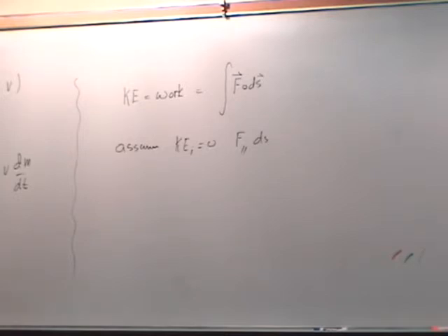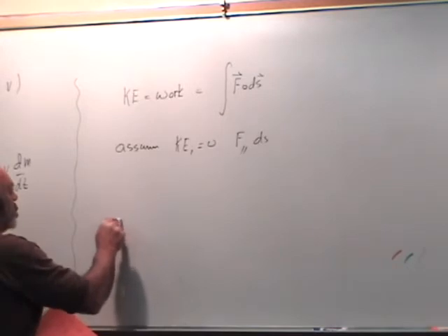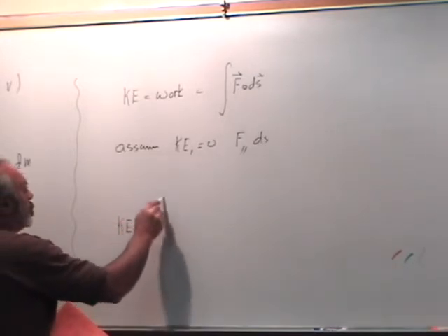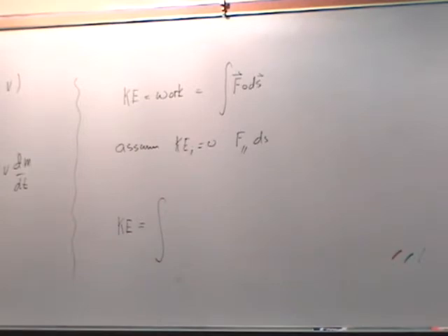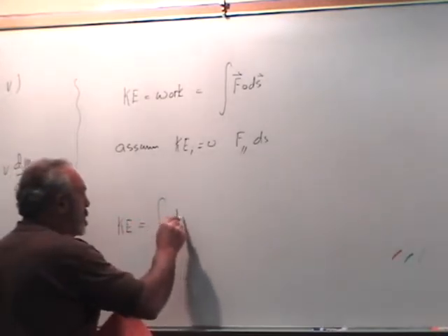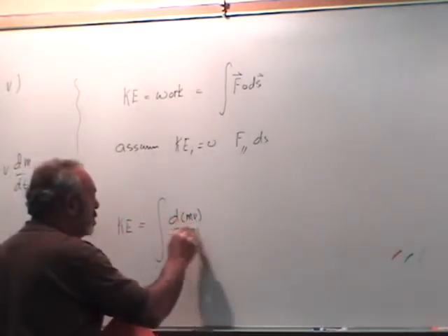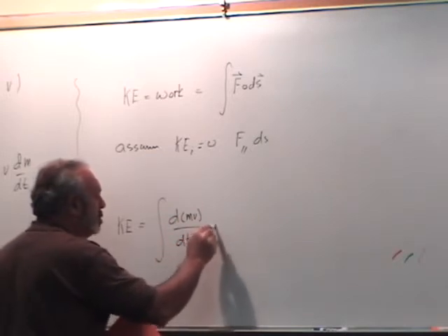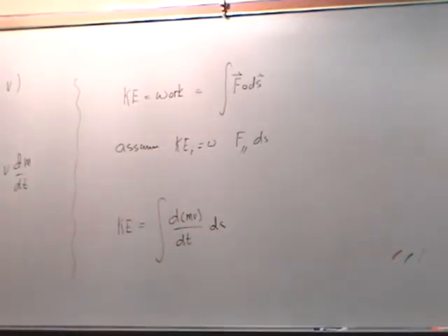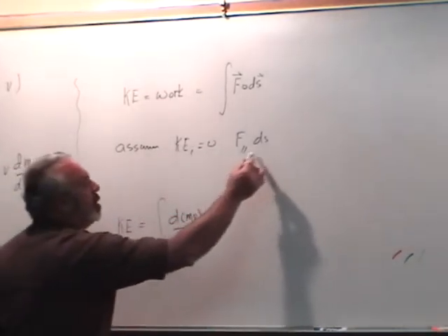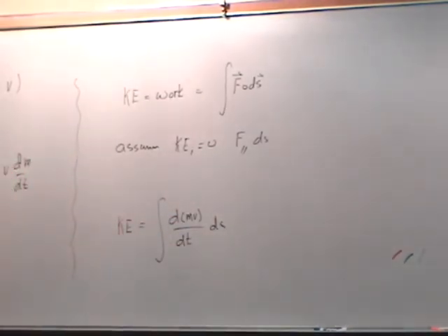So now, when we write that down, the kinetic energy is simply equal to the integral of F, but wait a minute, here's F over here. It's dp/dt, so F is d(mv)/dt times ds. So we've gotten rid of the dot product by this assumption, and we've replaced force with its identification, which is essentially right here.